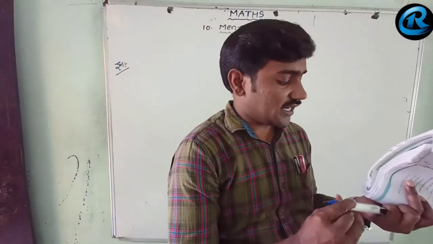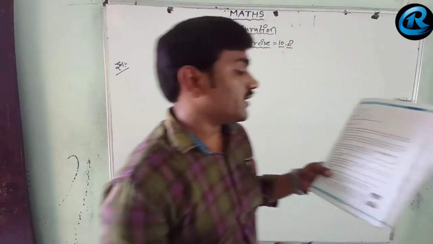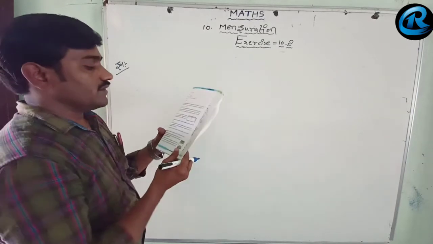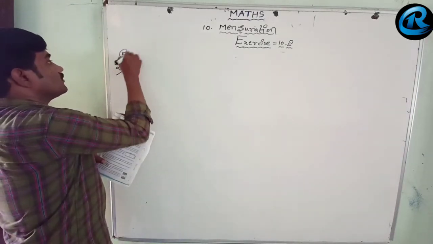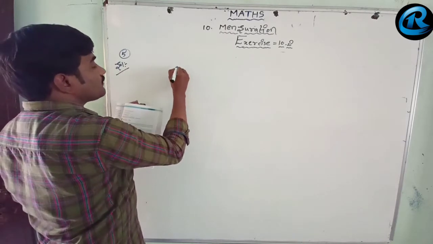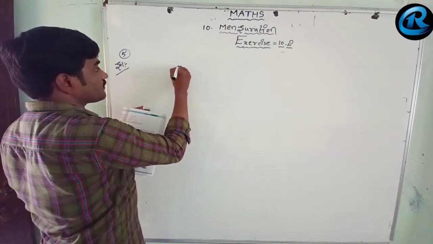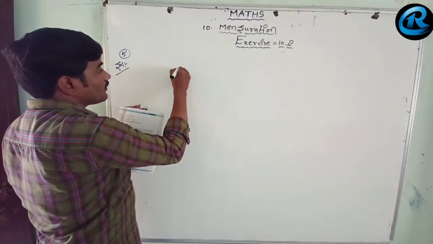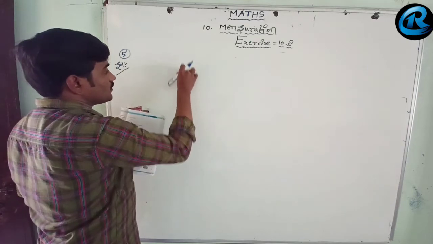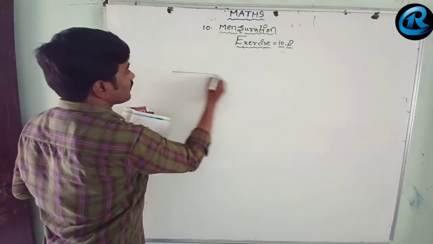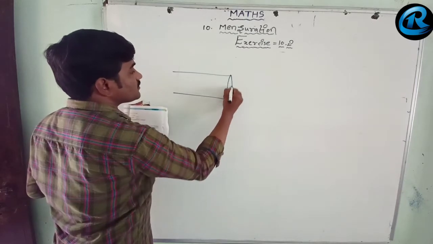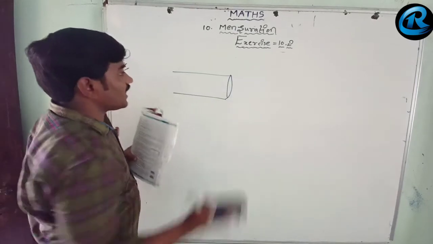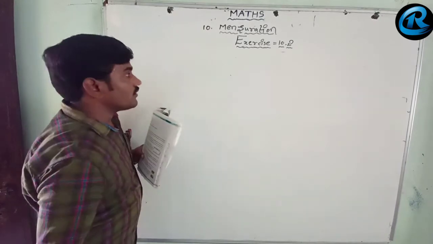It's a storage tank. It consists of a cylinder with hemispheres stuck on either end. So let's go for this. It consists of hemispheres on either side.